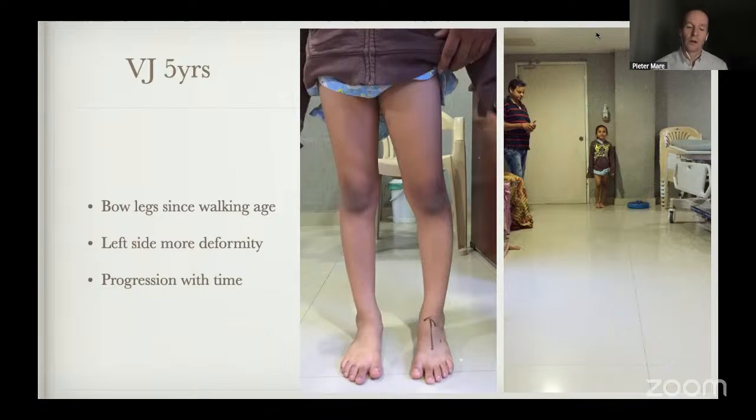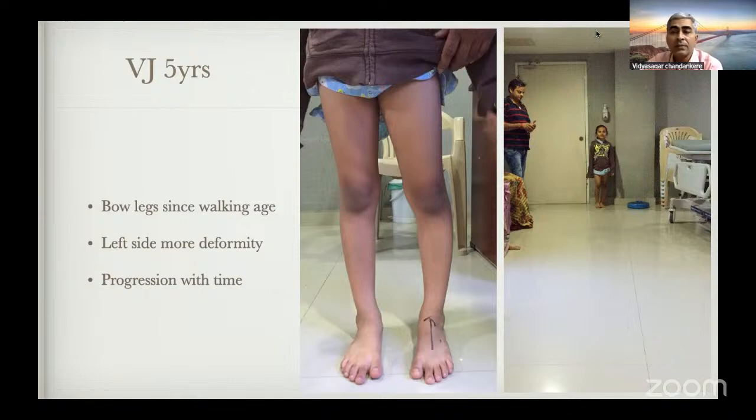I think that often there's an overlap between physiological bowing and Blount's disease, and we don't really know whether the children that have improved with the bracing protocol weren't in fact physiological and they would have improved regardless. So my take on it is I don't use it. We don't have it available, and I question whether it is a practical or feasible or affordable treatment method in our patients.